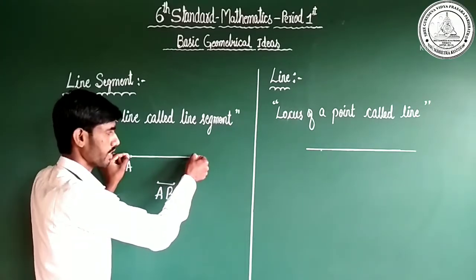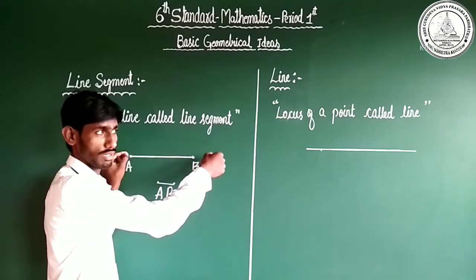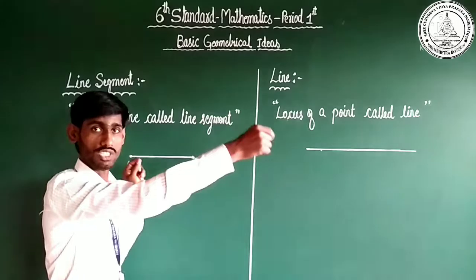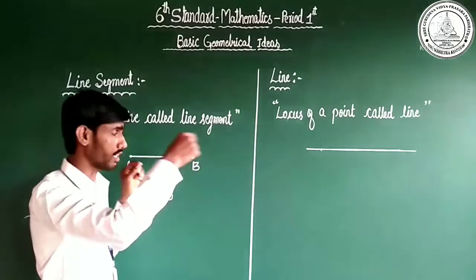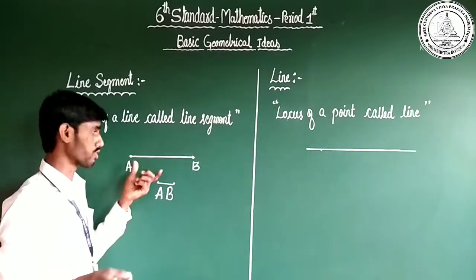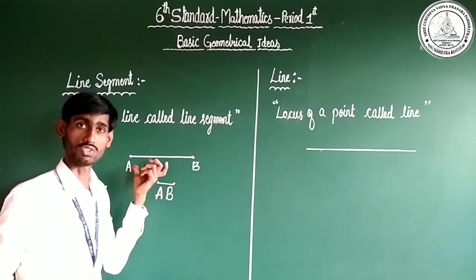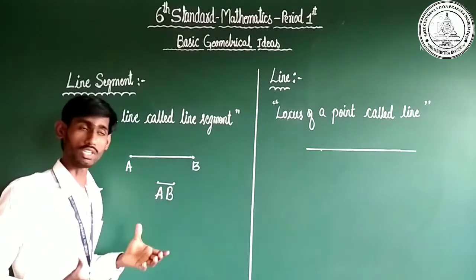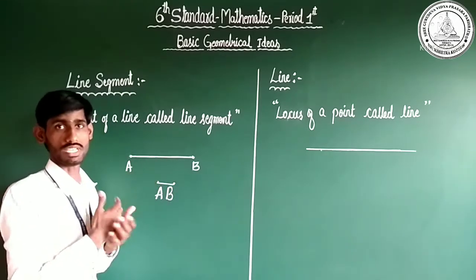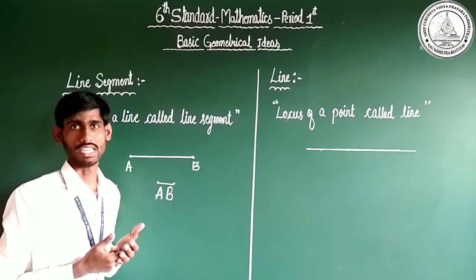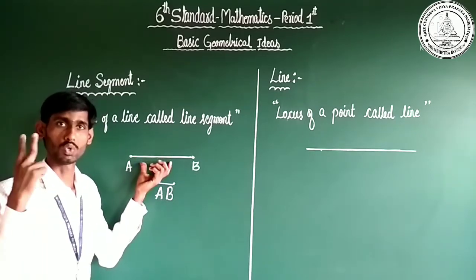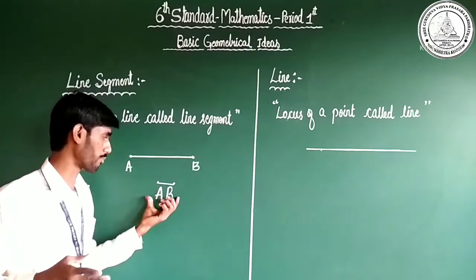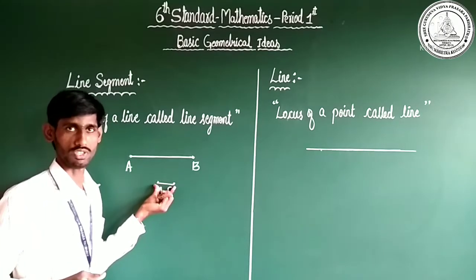Yes, 5 centimeter, 2 centimeter, 10 centimeter, 100 centimeter, 1000 centimeter, or 1000 meter, 2000 meter. We are able to find the measurement. That is fixed length. It has a fixed length, two points, and it can also be represented by a special symbol.